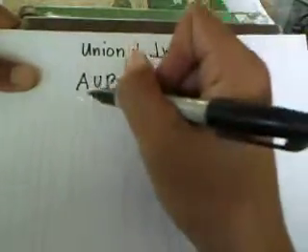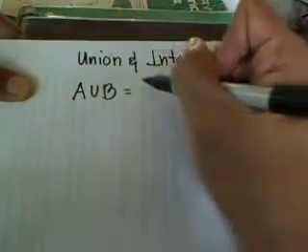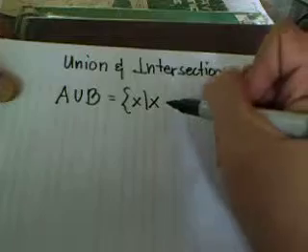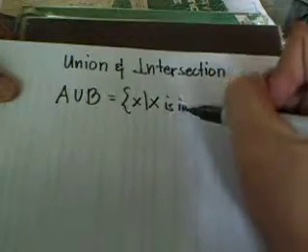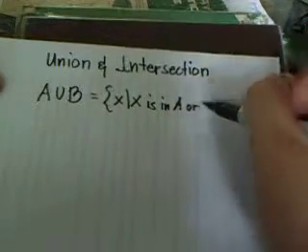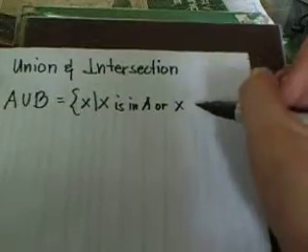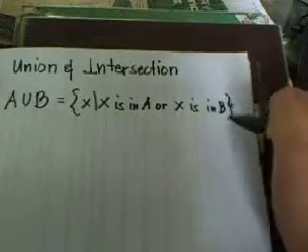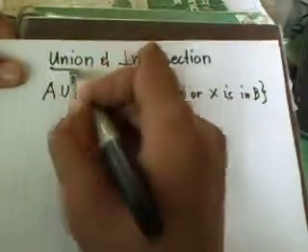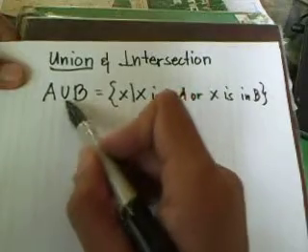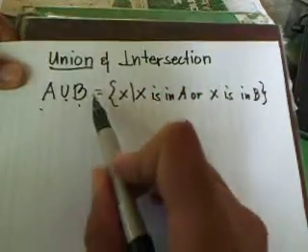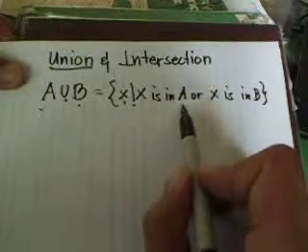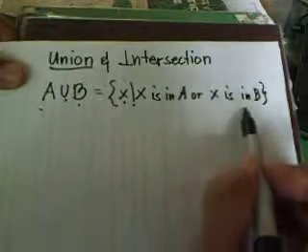That is, the union of A and B is equal to the set of all x's such that x is in A or x is in B.